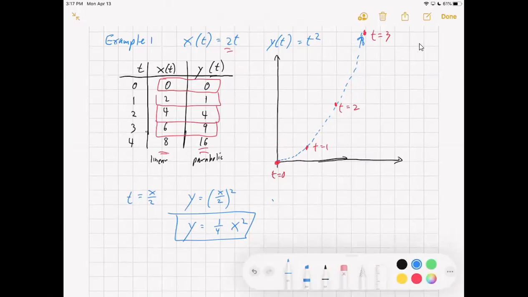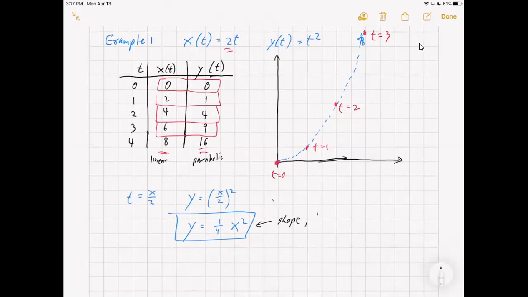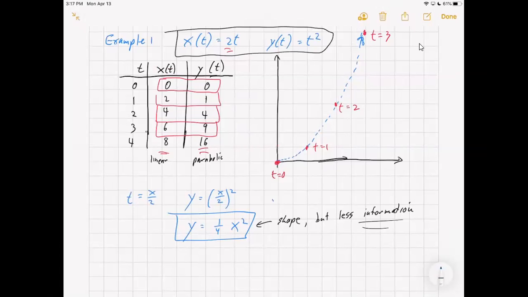As I said before, this gives me the shape, but it doesn't tell me where I am when. It's less information. It's the shape, but less information. If we were trying to describe motion, I would want the parametric forms of the equations, rather than just the fact that it is a parabolic path.